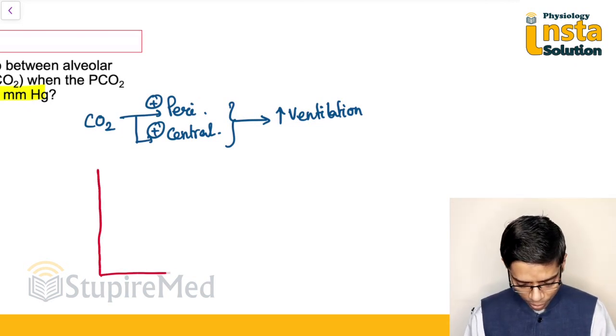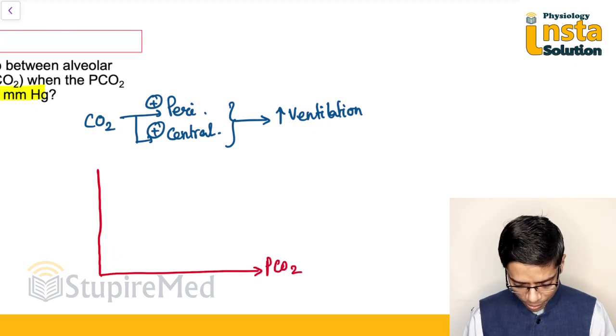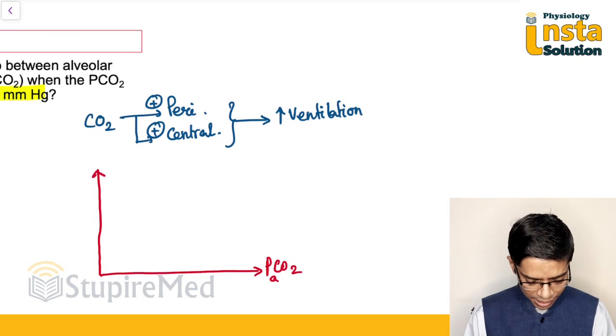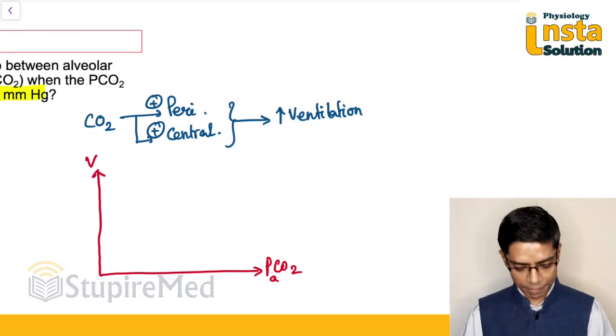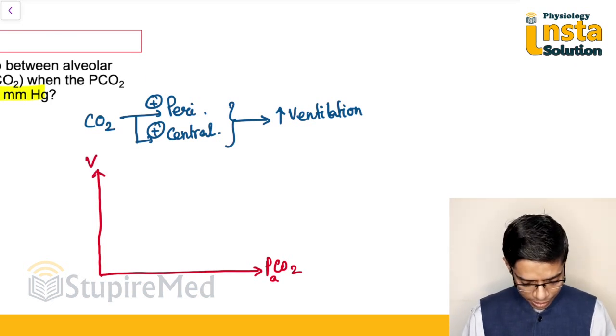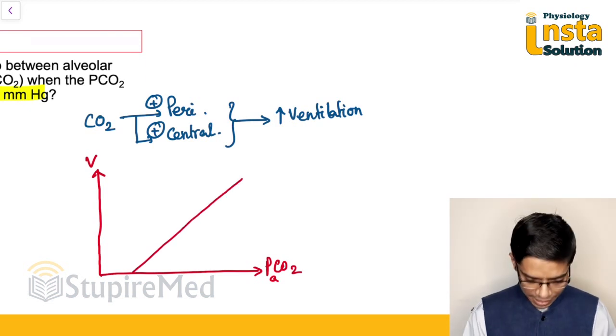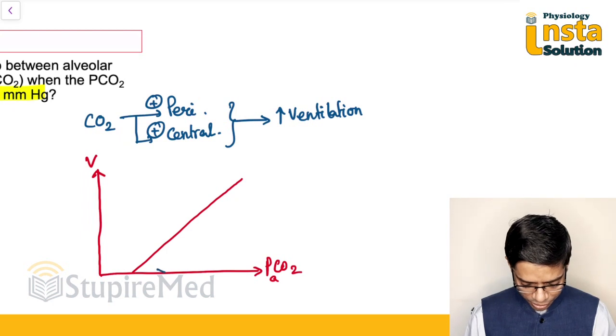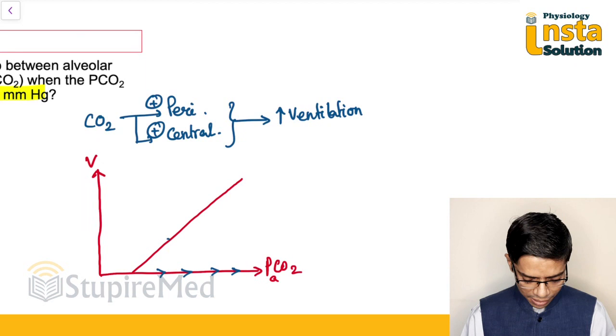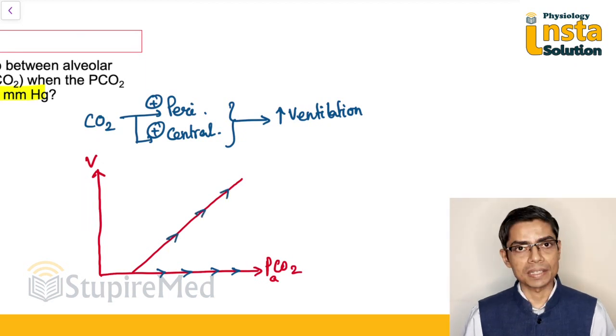So if I plot a curve like this, where x-axis is the partial pressure of carbon dioxide in arterial blood and y-axis is ventilation, then I will find the relationship is nothing but a straight line. It indicates that whenever the partial pressure of carbon dioxide rises in the arterial blood, proportionally ventilation also rises.